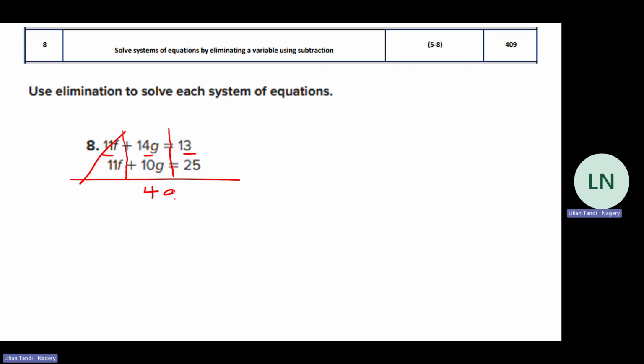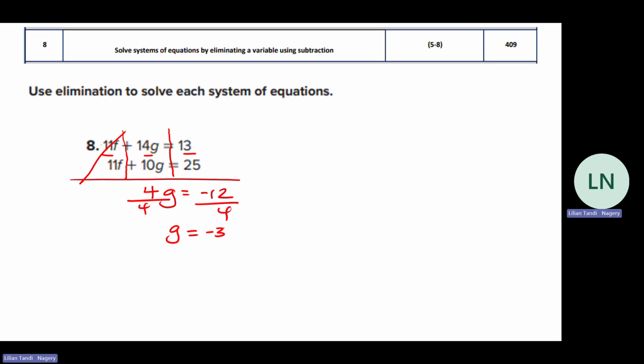This is 4G. What is 13 minus 25? 13 minus 25 is negative 12. I will divide both sides by 4.